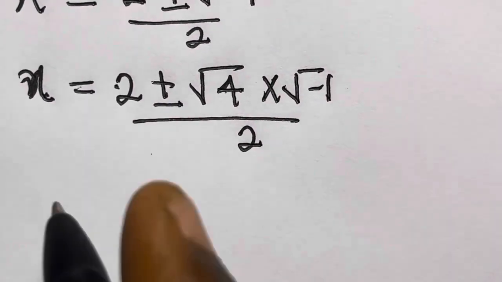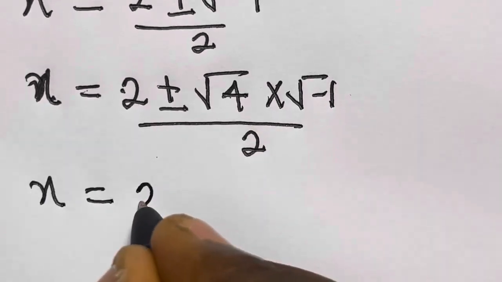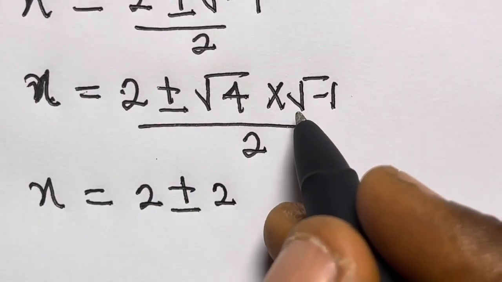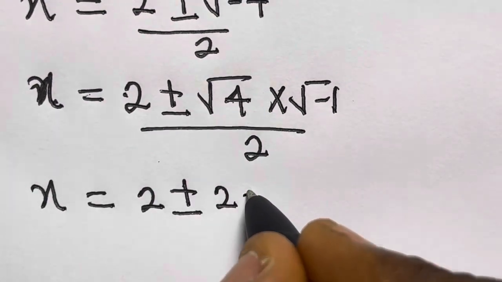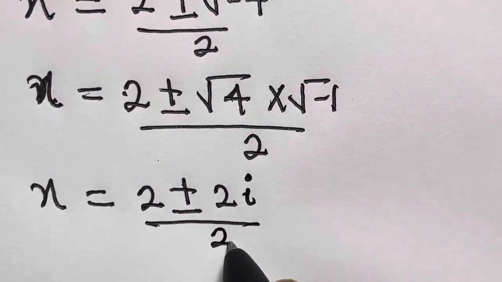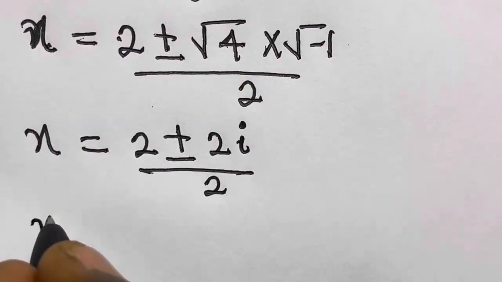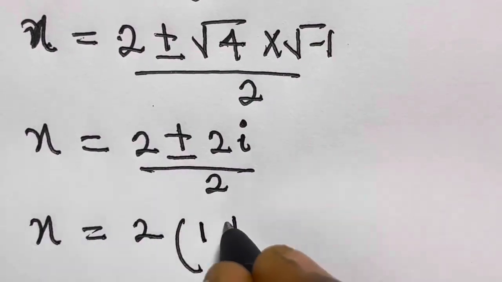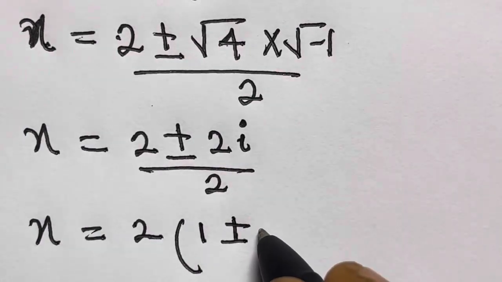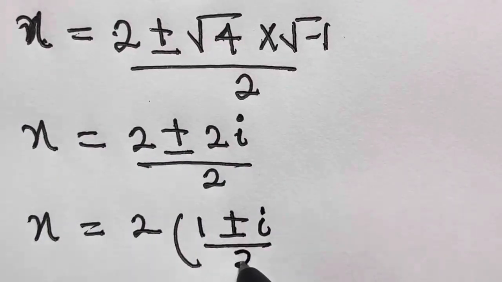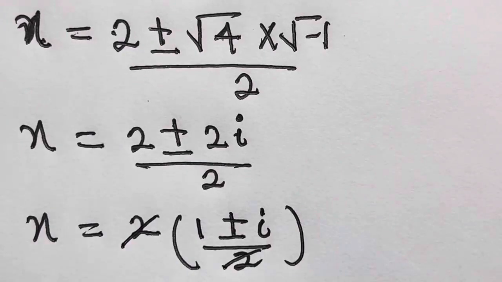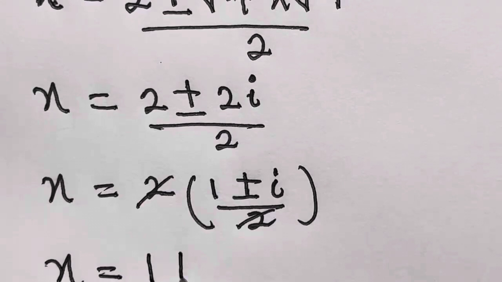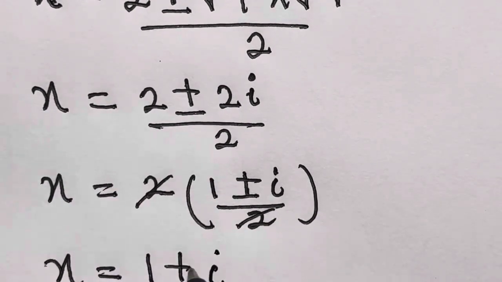So we have x equals 2 plus or minus square root of 4, which gives us 2, and you know that i, which is iota, equals square root of minus 1, so this becomes 2i divided by 2. We can factorize 2 out here. We have x equals 2, then what will be left here? 1 plus or minus, then what will be left here? We have i divided by 2. But you know these two, we cancel these two. So we have x equals 1 plus or minus i.